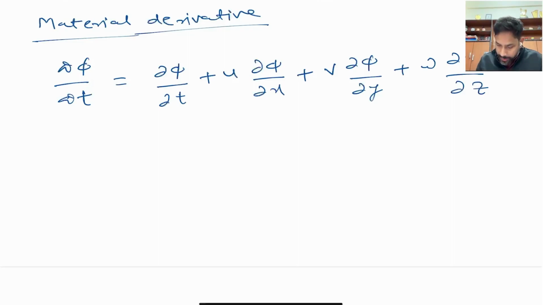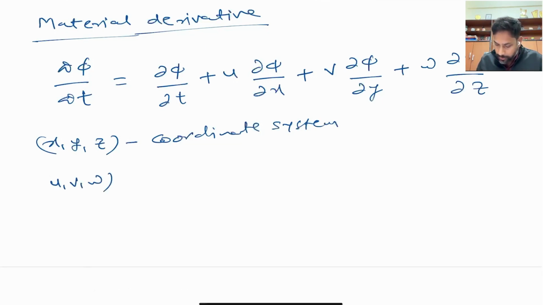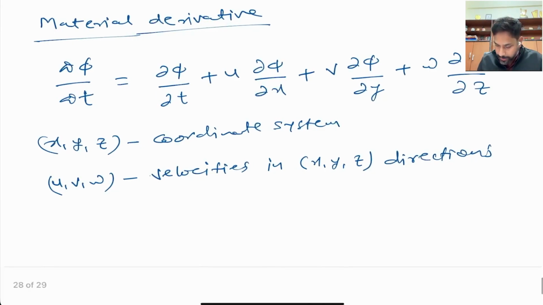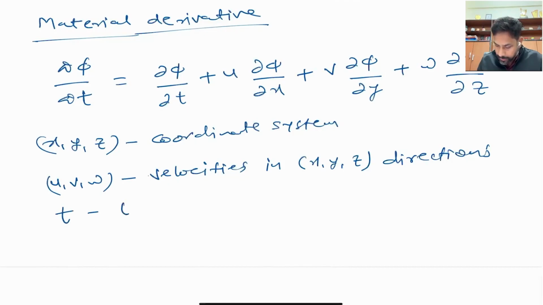Okay, where we are assuming x, y, z are the coordinate system, and u, v, w are the velocities in x, y, z directions. Okay, and t here is time.